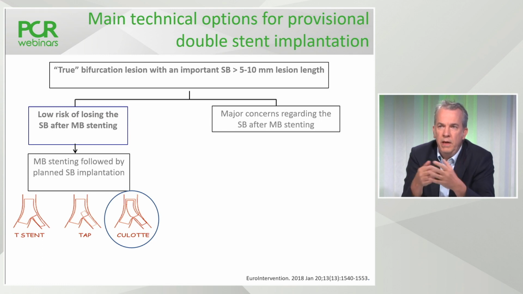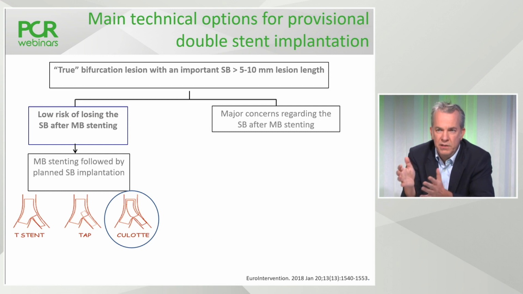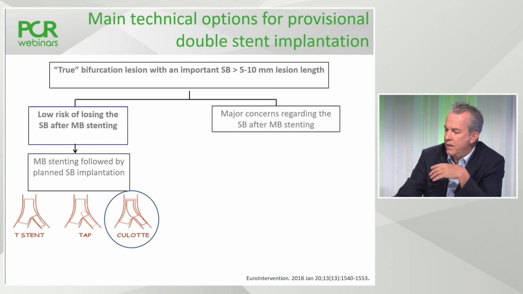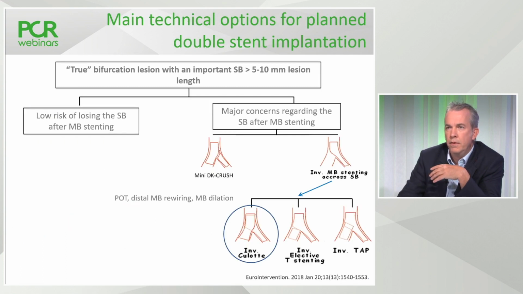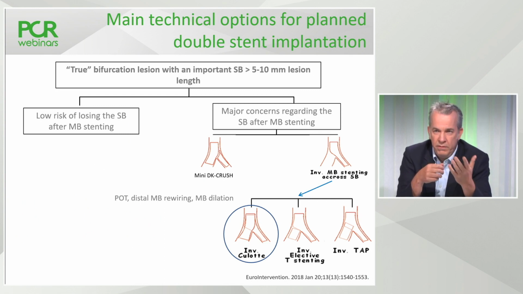Normally that would be in a provisional manner, so you may well end up without the second stent forming the culotte, but the final step of this would be to place a second stent. And that contrasts with the planned double stent implantation, which we've previously alluded to.